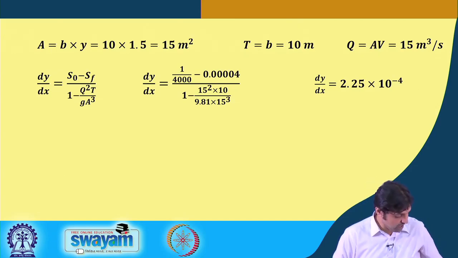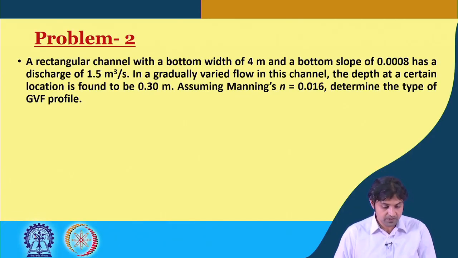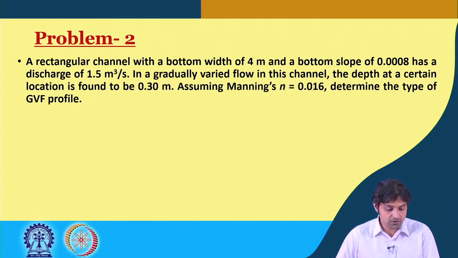Now we are going to look at another problem. The question is, a rectangular channel with a bottom width of 4 meter and a bottom slope of 0.0008 has a discharge of 1.5 meter cube per second. In a gradually varied flow in this channel, the depth at a certain location is found to be 0.30 meter.